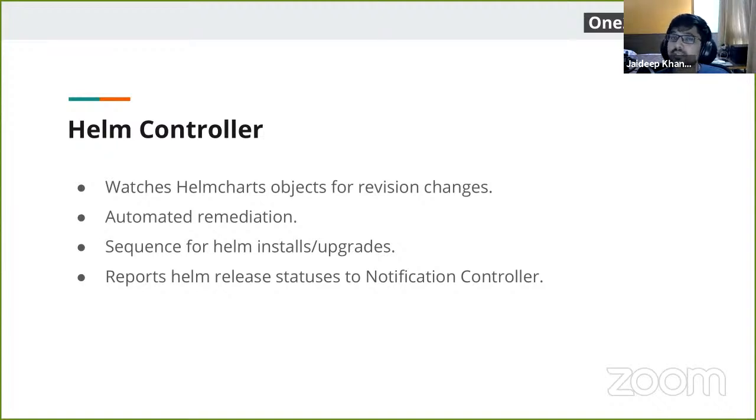It supports automated remediations, any kind of installation or upgrades, and can be handled using the retry mechanism provided by the Helm controller. You can, of course, define sequence for Helm installs and upgrades using Helm controller as well. It can also report any kind of release status to notification controller, any version upgrade, installation, or success or failure. Everything is taken care of by the Helm controller as well.